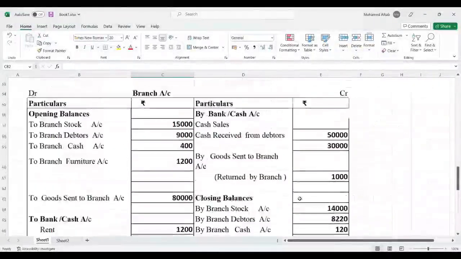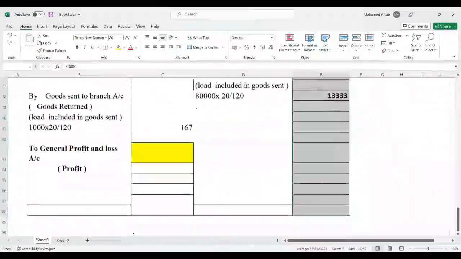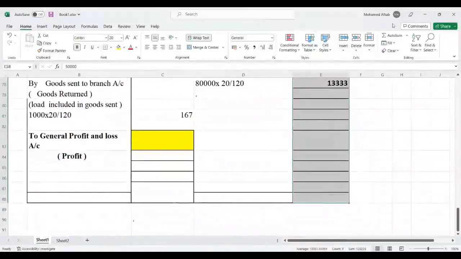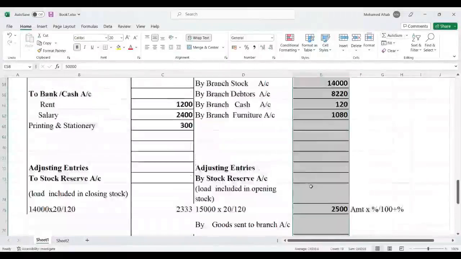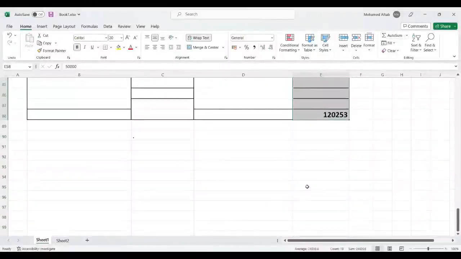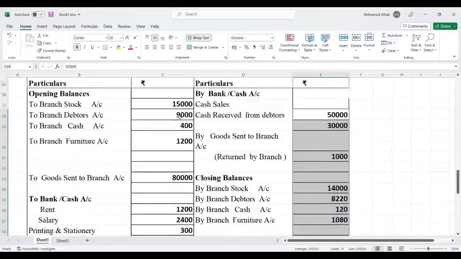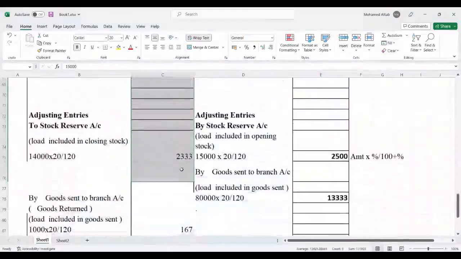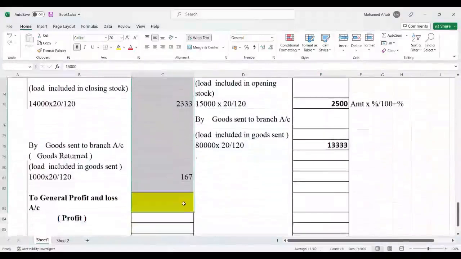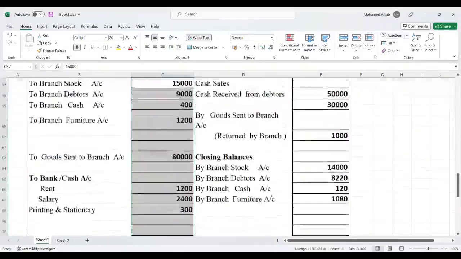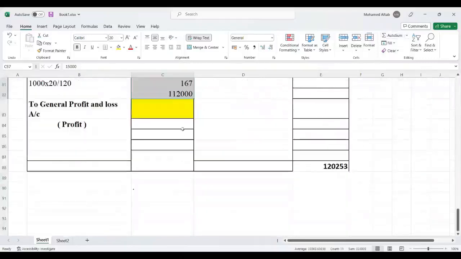Let us close the branch account. So total it. The credit side is 1,20,253. Debit side, let us see, 1,12,000.